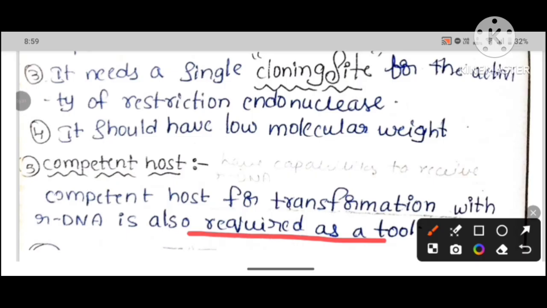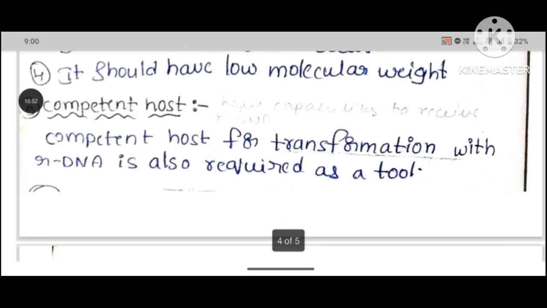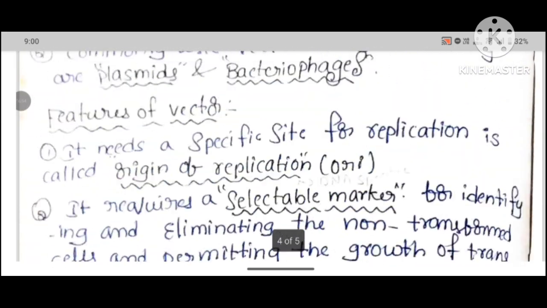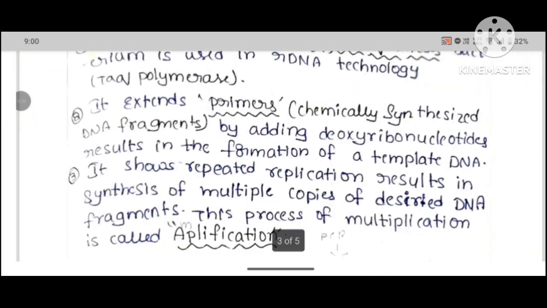Such hosts are known as competent hosts, which are capable of transformation when they receive rDNA. So these are the tools of rDNA technology.